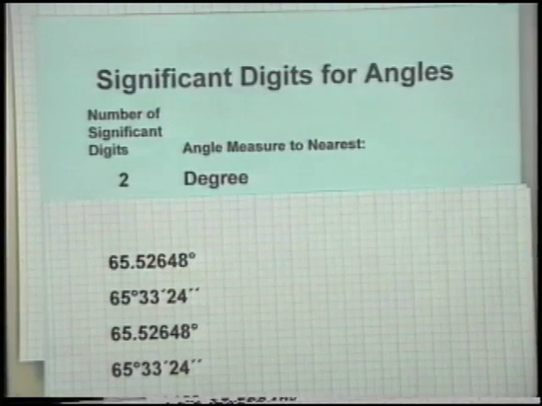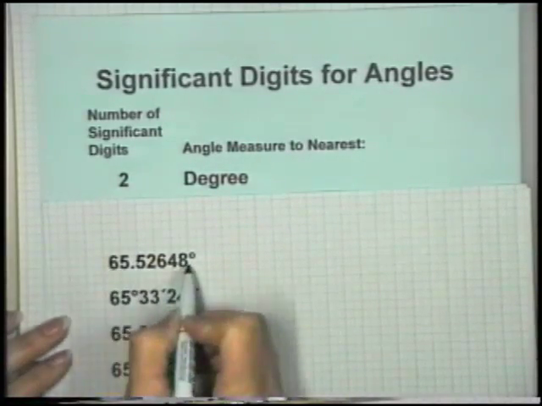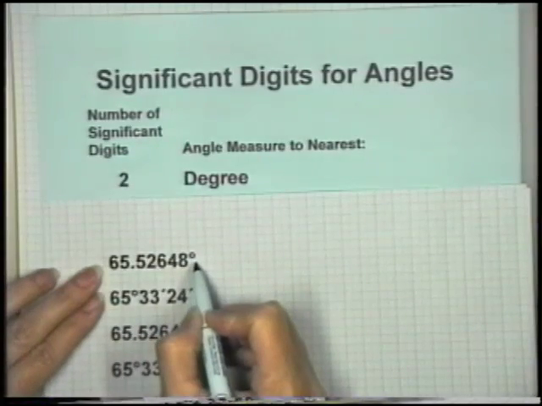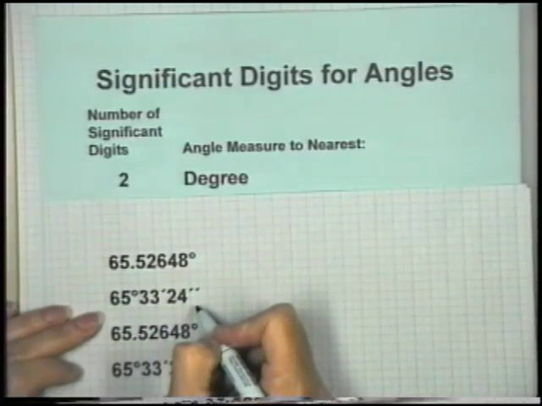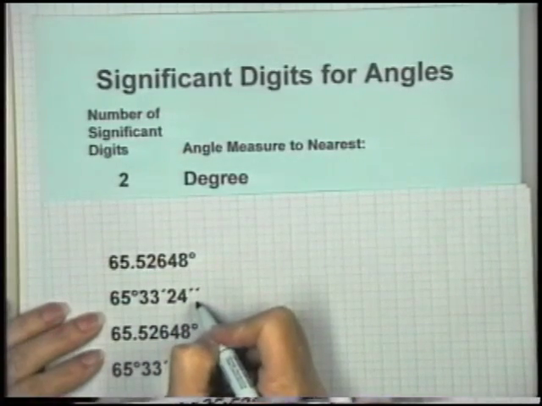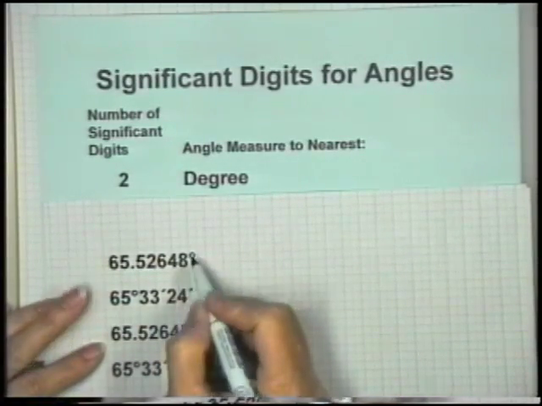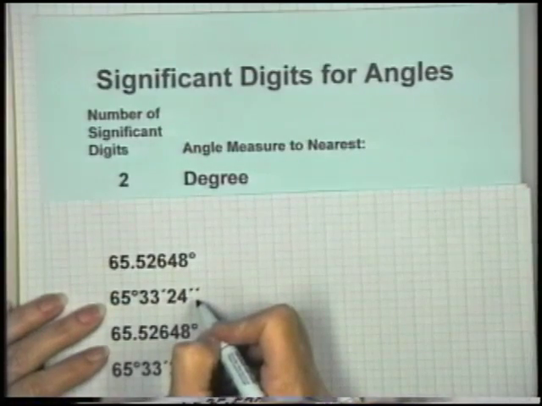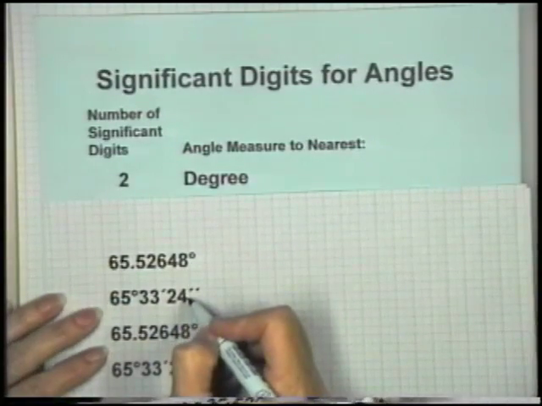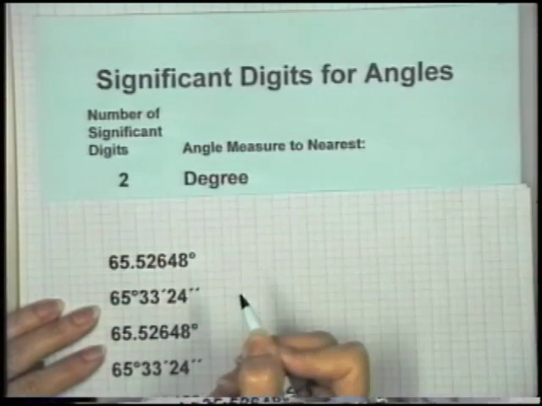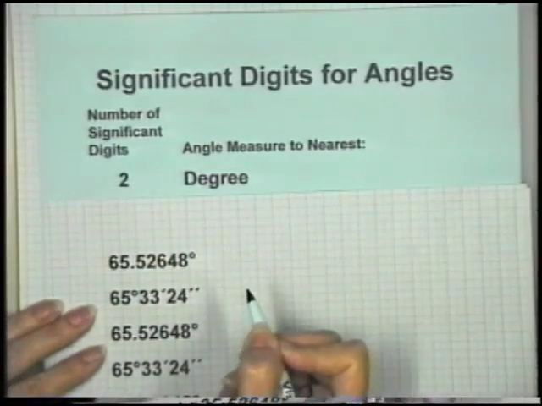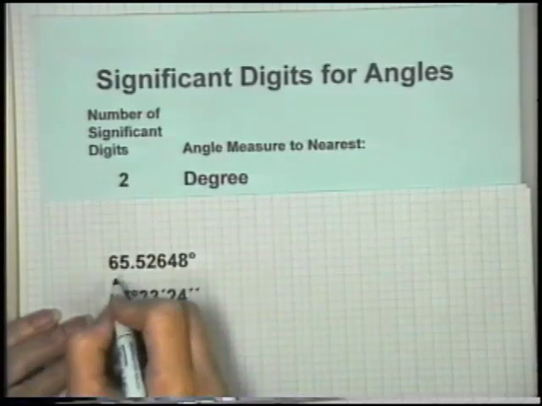So, if you were calculating on your calculator, you might come up that some angle was equal to this quantity, or you might take the quantity and convert it to degrees, minutes, and seconds, and you might come up that it's equal to this quantity. Well, given either one of these quantities, if the angle needs to be rounded to 2 significant digits, we need to round to the nearest degree.